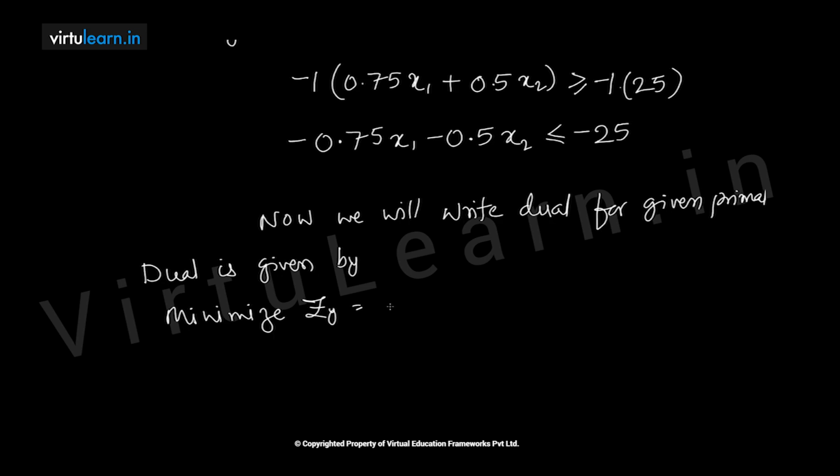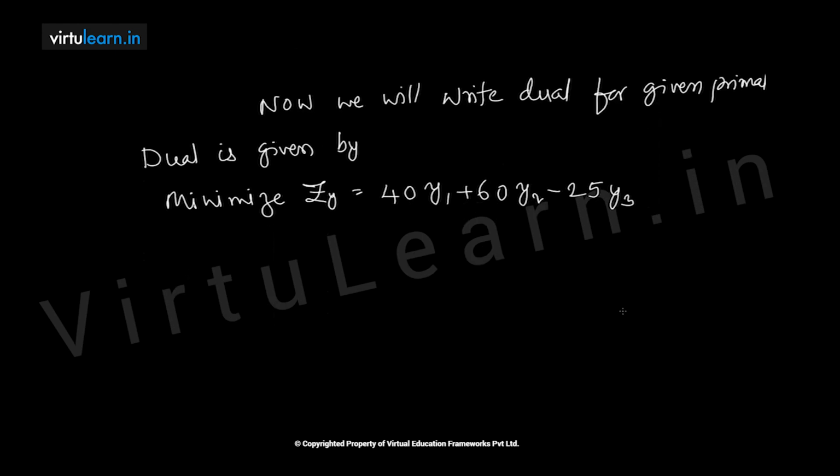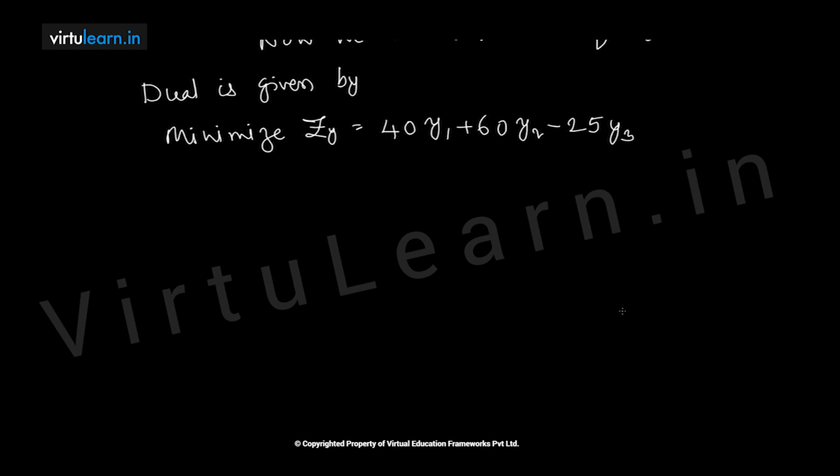That is 40y1 plus 60y2 minus 25y3. When writing this, we need to understand that 40, 60 and minus 25 come from the constraints. The objective function of the dual will come from the constants of the constraints.